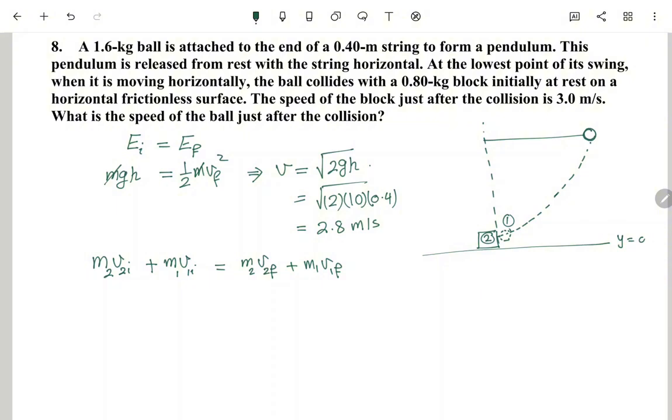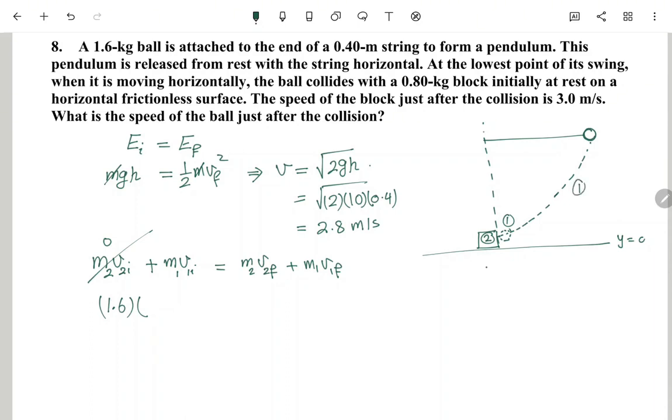Now, the block is initially at rest, which means this one here equals 0. M1, the mass of the ball, is 1.6 times the initial velocity of the ball, which is actually the final velocity of the first stage, assuming that this is the first stage and this is the second stage.